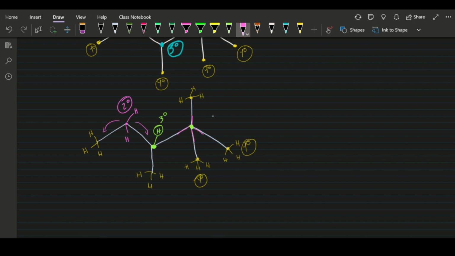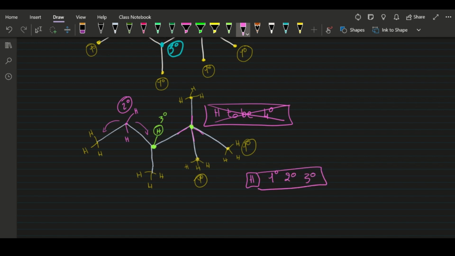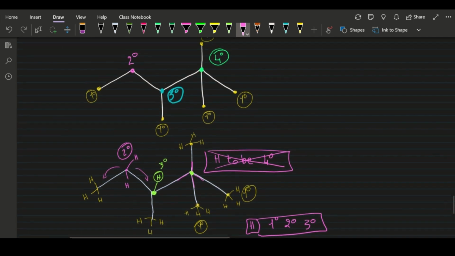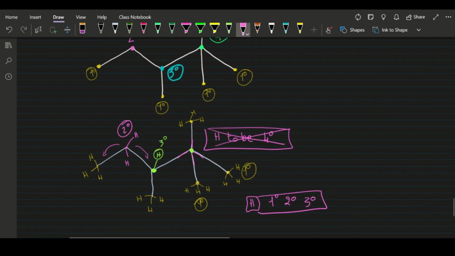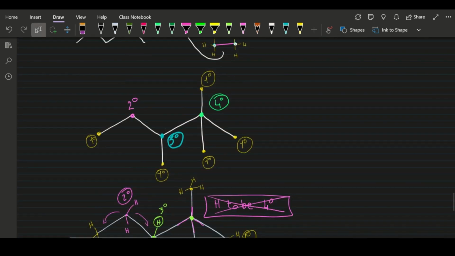So it is impossible for a hydrogen to be quaternary. This cannot happen, because the carbon is already fully connected. So hydrogen can be primary, secondary, tertiary. That's it. So make sure you know this concept so that you understand what's going on.